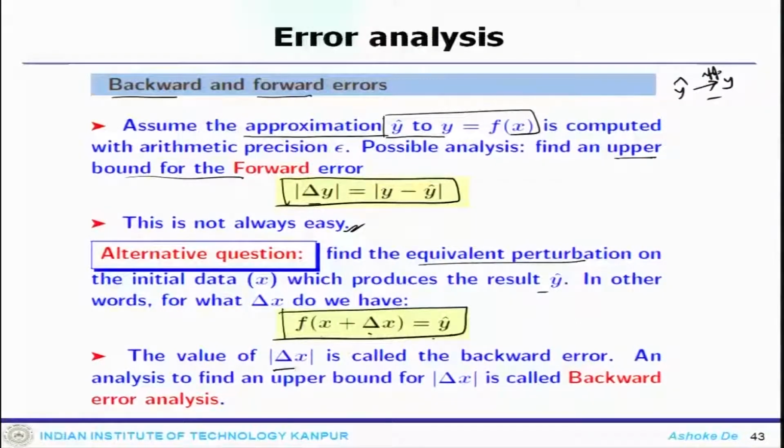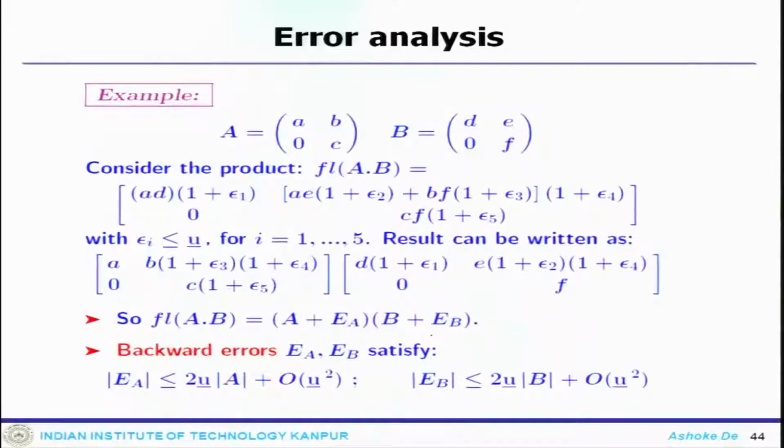The value of delta x is called the backward error, and you can do certain analysis and find the bound of the backward error. When you talk about the forward error, I am going straight from input to the final result, and the difference of that gives me the forward error. When you do the backward error, the initial data is perturbed such that you get to y hat with less error.